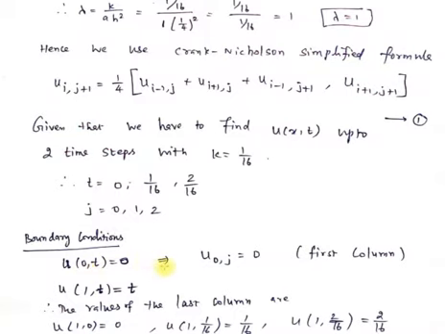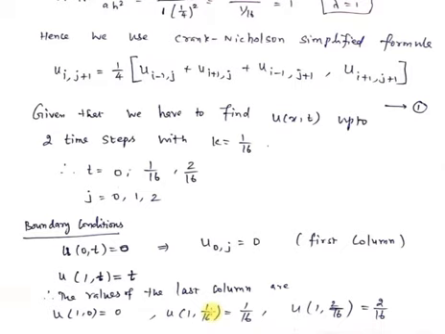So it is the first column. So the first column full value is 0. Here x equal to 1, comma t equal to t. The values of the last column are put for t equal to 0, 1 by 16 and 2 by 16. So u of 1 comma 0 equal to 0, u of 1 comma 1 by 16 equal to t, that means 1 by 16, u of 1 comma 2 by 16 equal to 2 by 16.